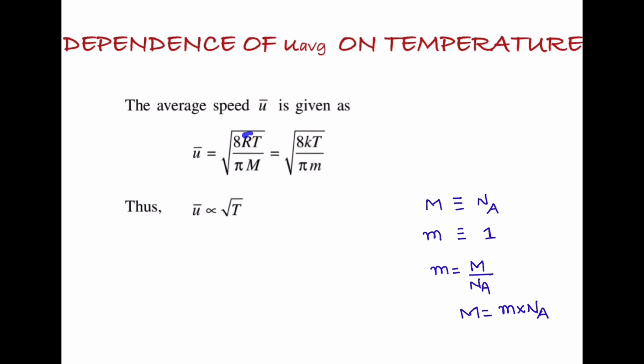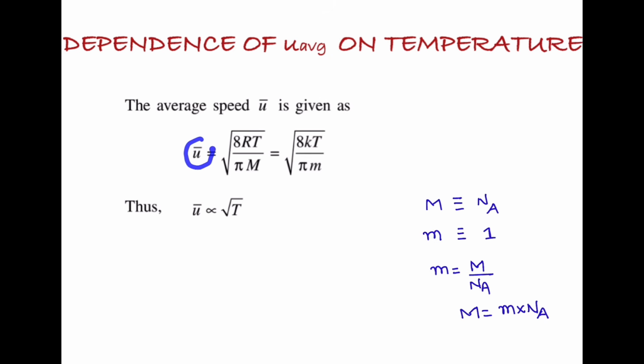Again here you have R in the numerator, and now you are going to get a Na in the denominator. R by Na can be replaced with k, the Boltzmann constant. So here this is gas constant per molecule, absolute temperature, mass of the gas molecule. Our requirement is how U average depends on temperature.